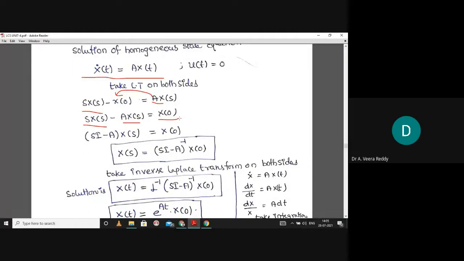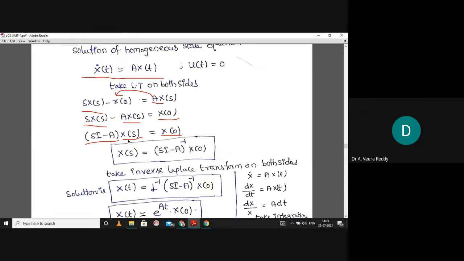You can bring this term to this side: s X of s minus A X of s equal to x of 0. So therefore, (sI minus A) into X of s equal to x of 0.